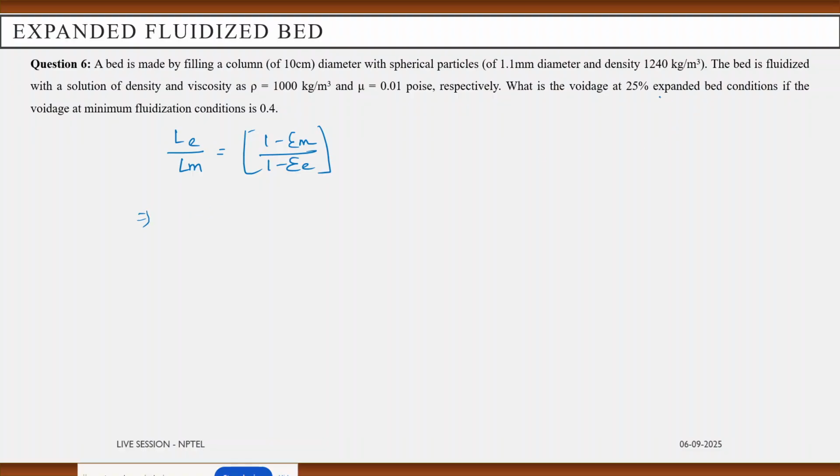So it is 25% expanded, which means this ratio is 25% more. So from there, the porosity becomes 5:2. Very easy.